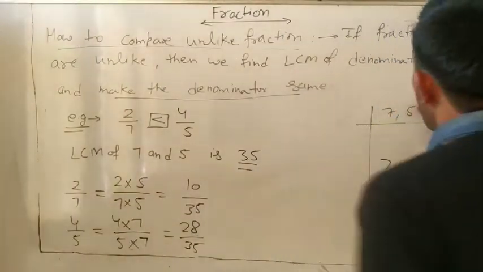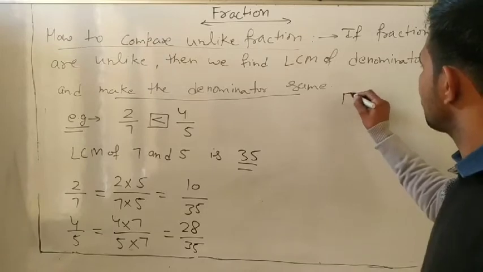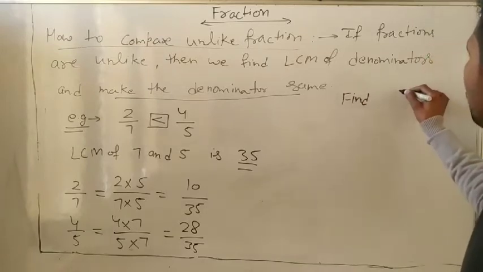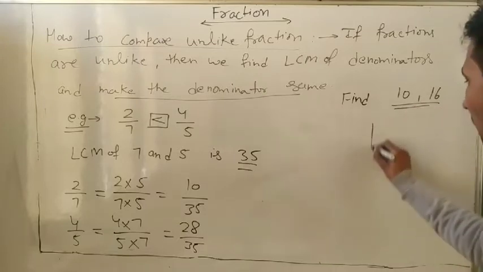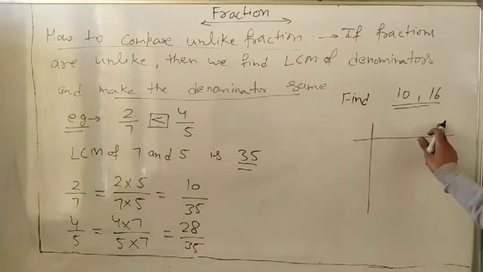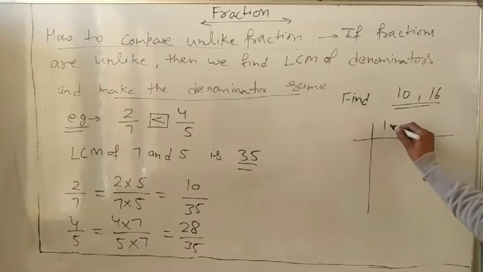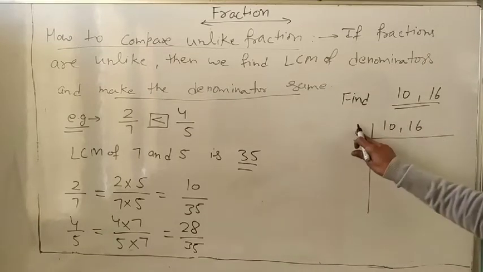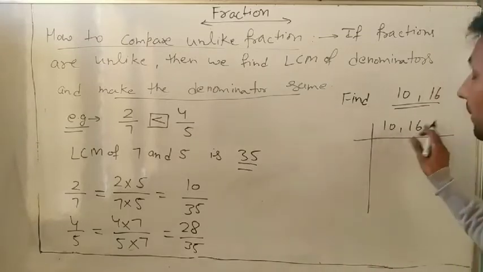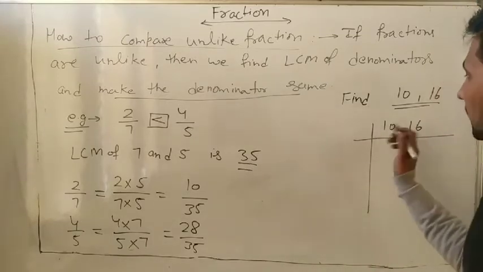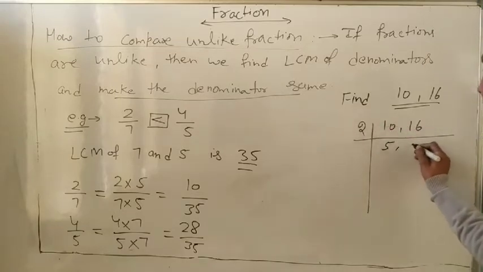Look at how we find the LCM of numbers. For example, find the LCM of 10 and 16. Always use the dividing method, by prime factors, which you already learned in 4th and 5th class. So 10 and 16. Always divide both numbers by a prime number which can divide both numbers. 10 divided by 2 is 5, 16 divided by 2 is 8.